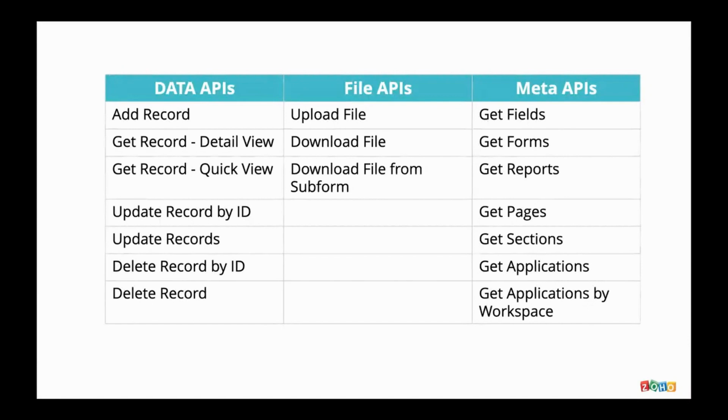Similarly, you can see we have get record, which has an option to get the quick view and detailed view alone. And for file APIs, you have the option to upload and download a file. And for Meta APIs, we have the option to retrieve a list of fields or forms from a particular application, or a list of fields from a particular form, or get applications from a particular Zoho Creator account. So likewise, you can use this to perform any particular action within Zoho Creator.